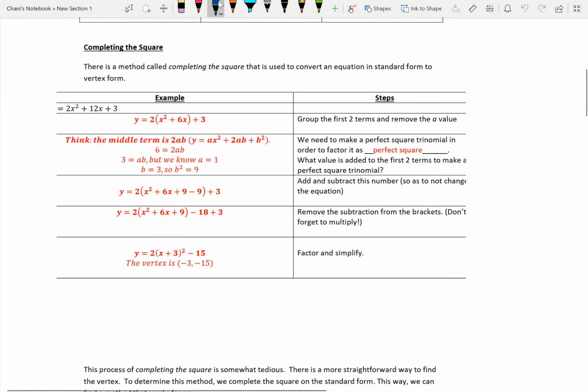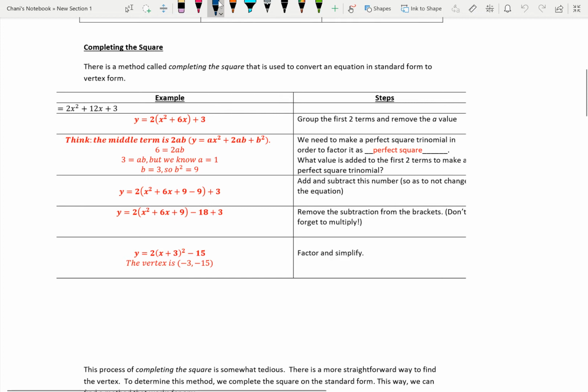Here is a quadratic. It's in standard form. We cannot factor it. There's nothing else we can do, so we need another method to find the vertex. So what we're basically doing, look at the end result, we're trying to get it into vertex form.